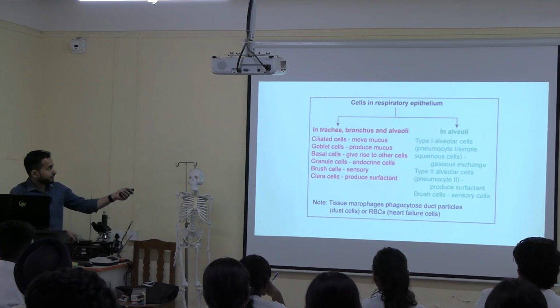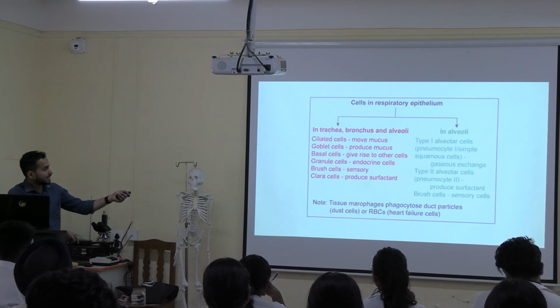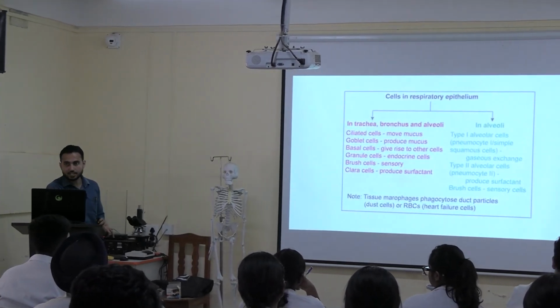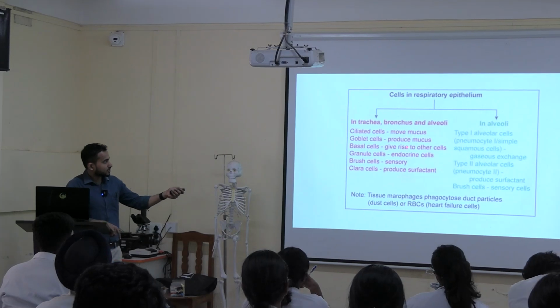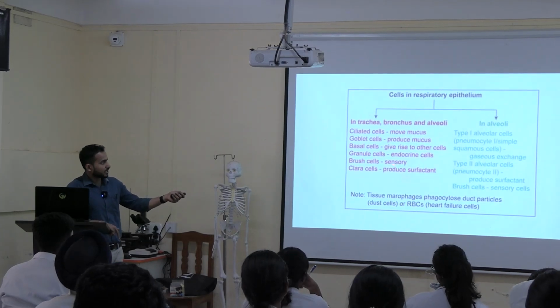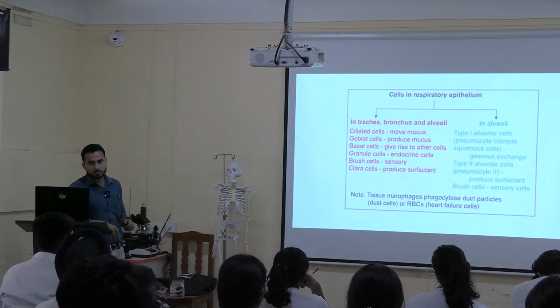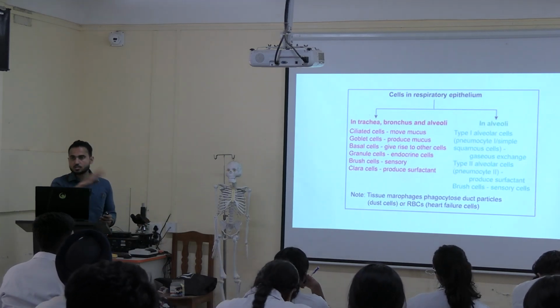First, in the lining epithelium we have the ciliated cell, goblet cell, basal cell, granule cell, brush cells, and cells of Clara. And see the functions they have. Next, in the alveoli, type 1 and type 2 pneumocytes are there, and along with that, brush cells are also present.